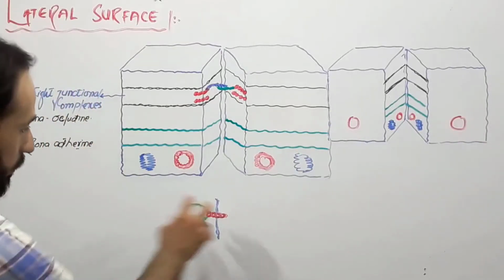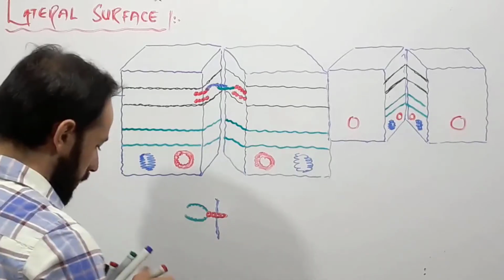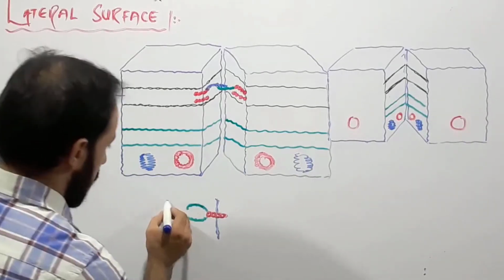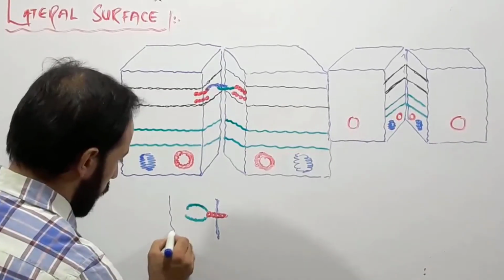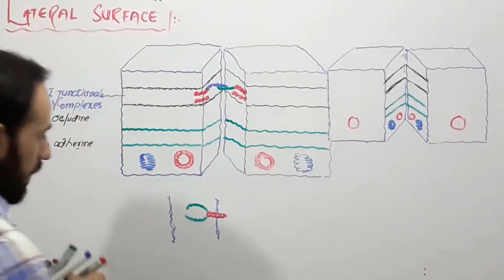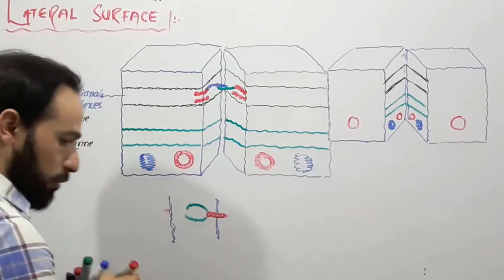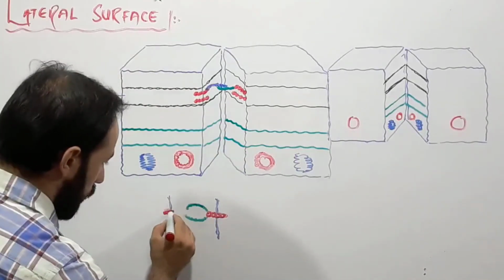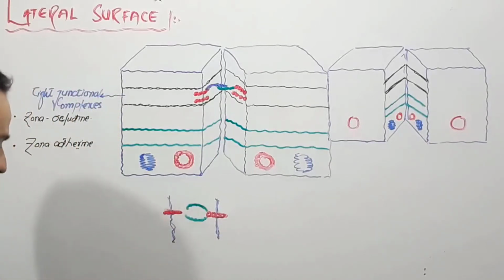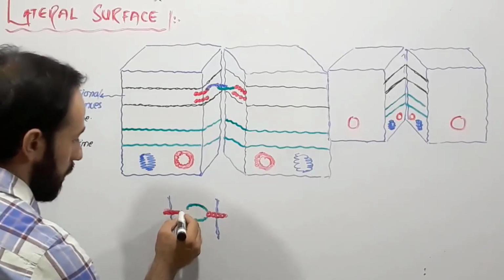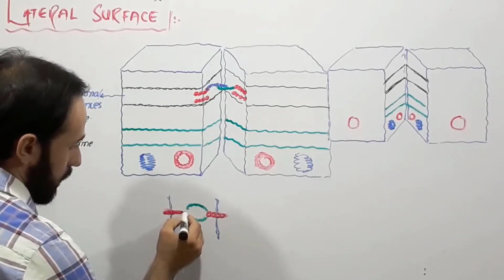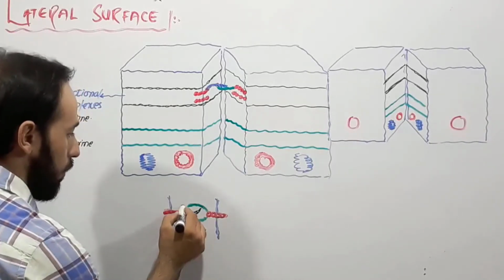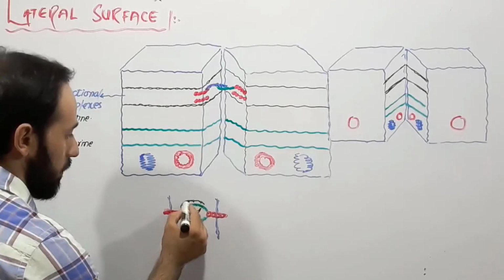This is from one side cell, and from the other side, from the other adjacent cell, again these are the zonular proteins, and these are the occludens, like this.